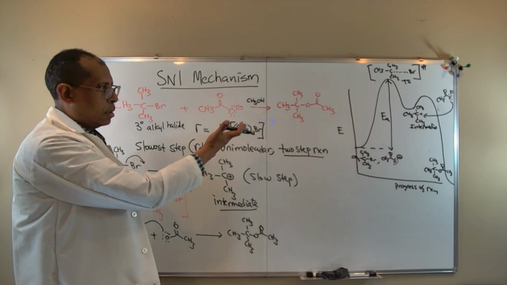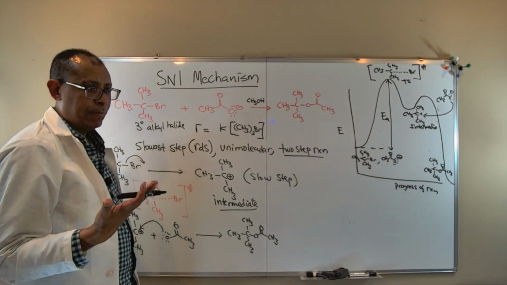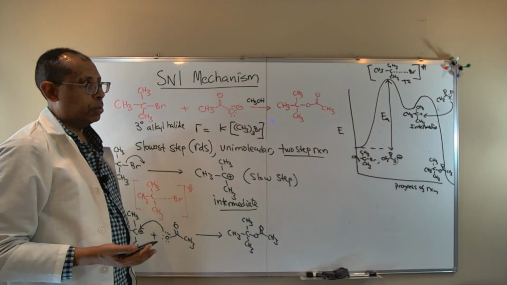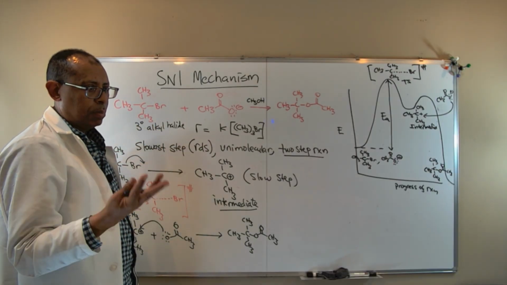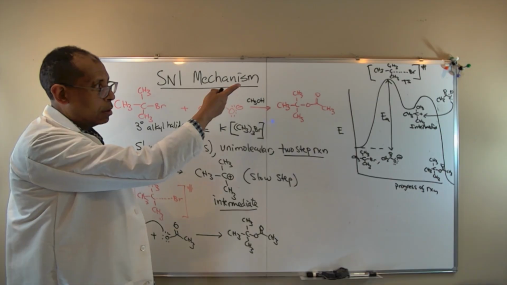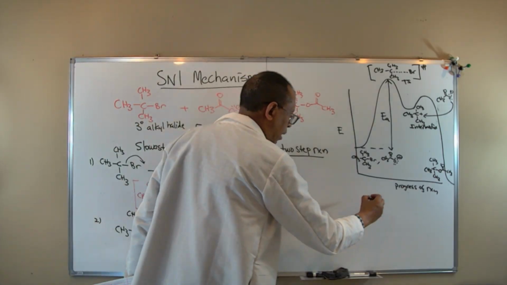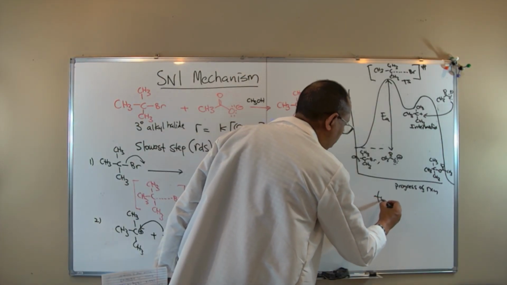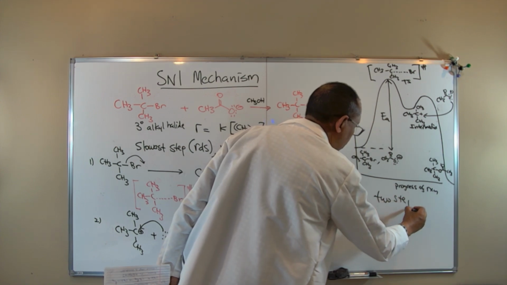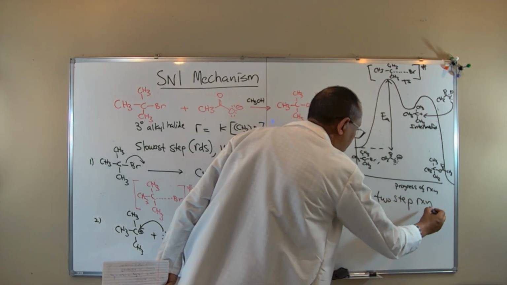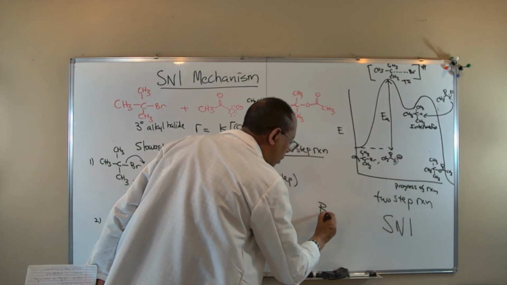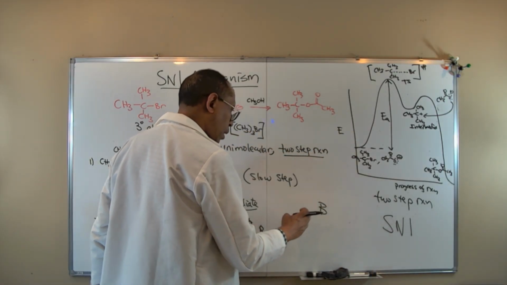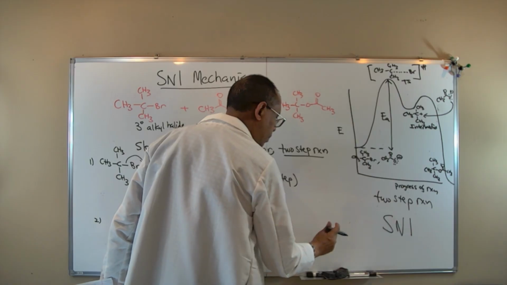So this is how the transition state looks like, very different from SN2. SN2 has only one bump, because it's a single step. This is a two-step reaction, SN1, and it is unimolecular.